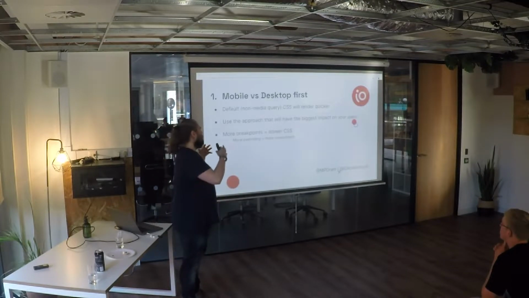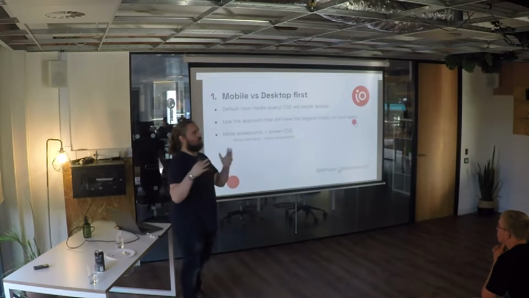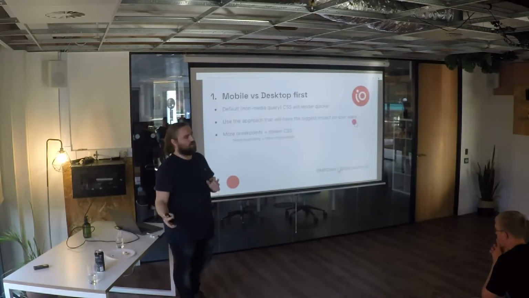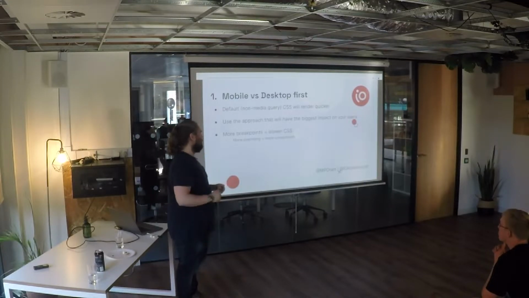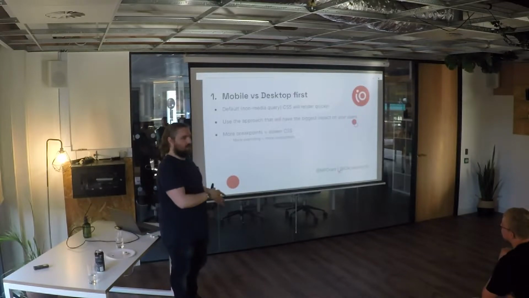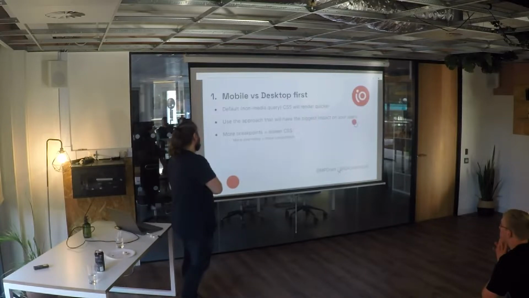So you need to think about the majority of your users, what device they're likely to be on, right? If most people are on a desktop, then you should be writing a desktop first approach. Hopefully everyone's already doing that anyway, but there's a bit of a trend to mobile first being better, but actually that can have quite a significant impact on how fast your application can render.